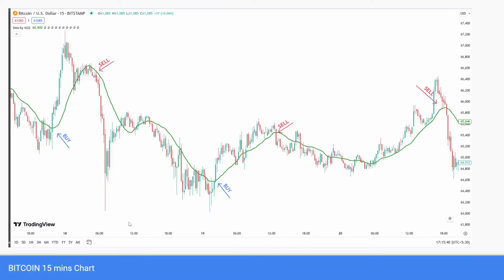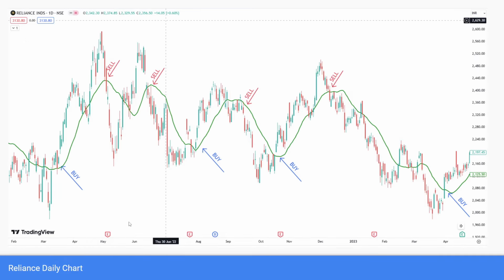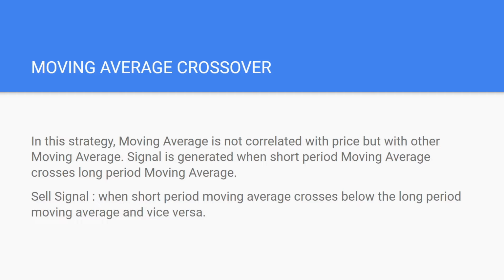This is on the Bitcoin 15 minute chart. What I am trying to say here is, it doesn't matter whether it is a 30 minute chart, 15 minute chart, or daily chart, price crossover works in all time frames. Basically, any moving average, any strategy, price crossover or moving average crossover, actually works in all time frames. Clear? Now, let me go to the moving average crossover.